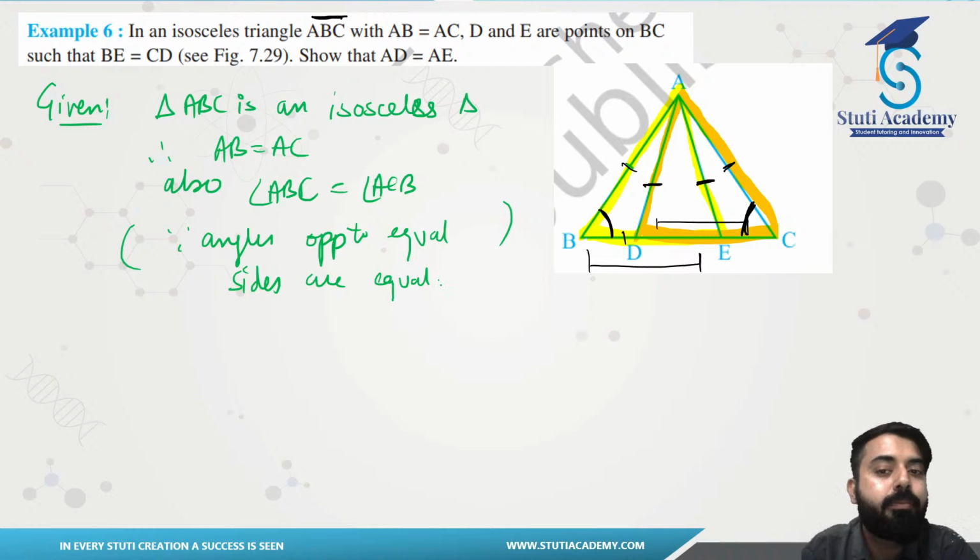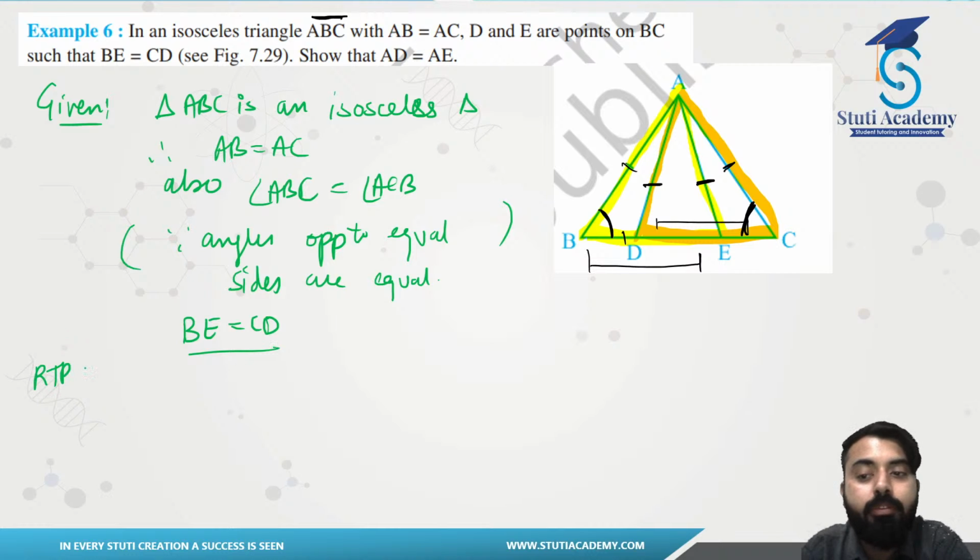Right, that will be the main thing. Now, I have also been given that BE is equal to CD. We have been given this. Now what we have to prove, required to prove, is AD is equal to AE. We have to prove this one, and let's come to the proof now.